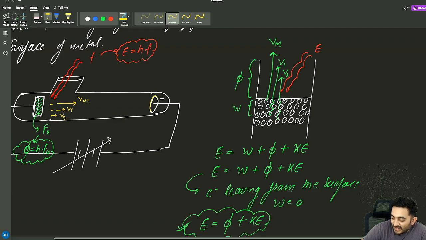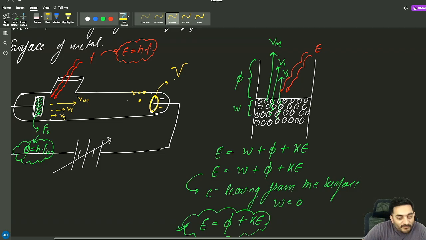If this is negative potential over here, at a certain point when you keep on increasing the voltage to a certain value of V, these electrons are not able to reach the other plate. They come out from the metallic plate with some speed, but finally their speed becomes zero. Why? Because they have been repelled by the negative plate on the other side.